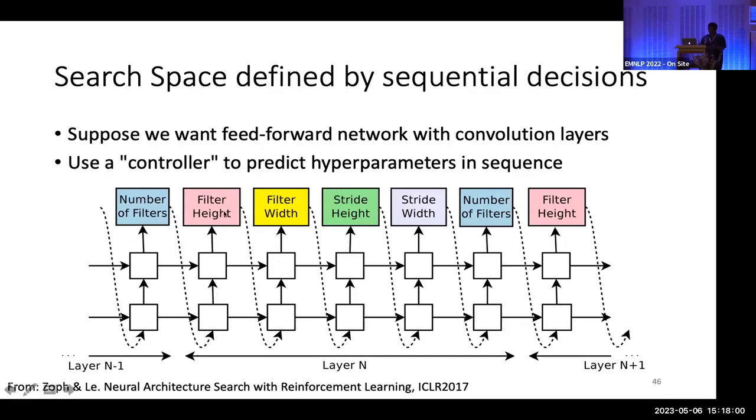You can imagine these are all the outputs that you predict. Based on this output, you instantiate a neural net, train it, get its loss, and then use that to update the parameters of this recurrent neural net. And then after you do that, you can again run it through. Okay, so this is one of the first examples of neural architecture search, and this is how they define the search space as a sequence of actions. Okay, does that make sense?